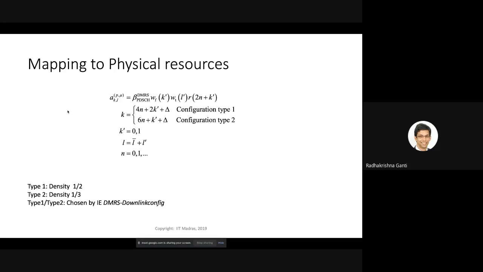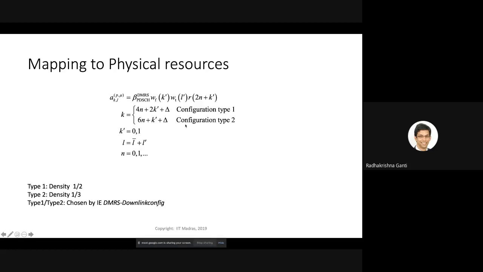What I mean by density half is every alternate resource element is a pilot symbol. Type 2 is one third density. One third density means every third resource element will be a DMRS pilot symbol. So that is what they mean by type 1 and type 2.